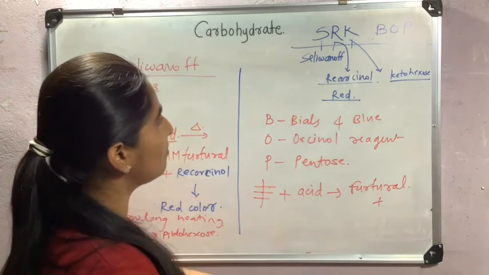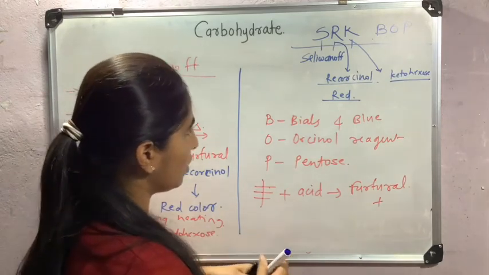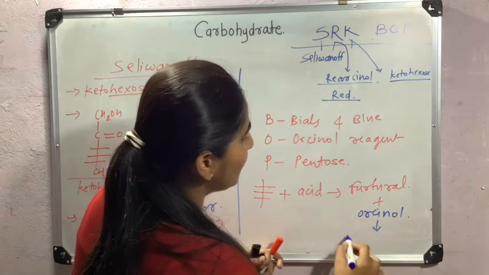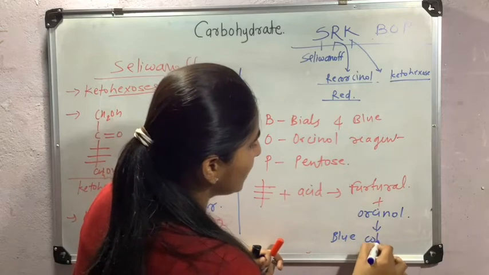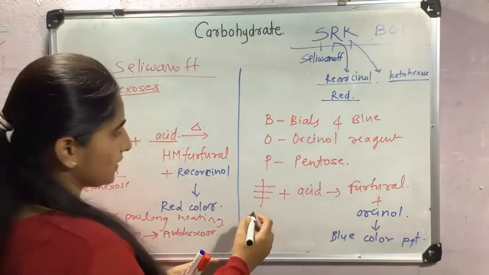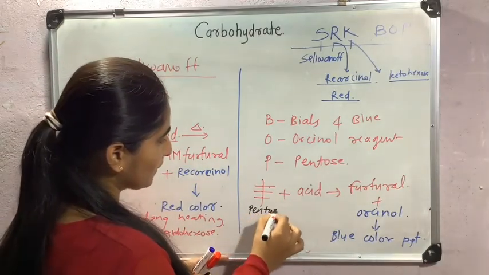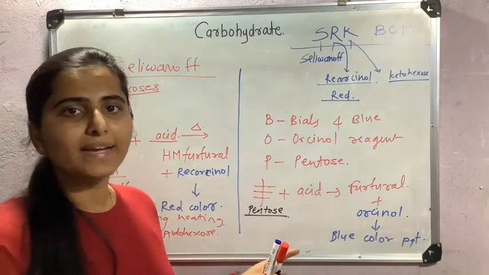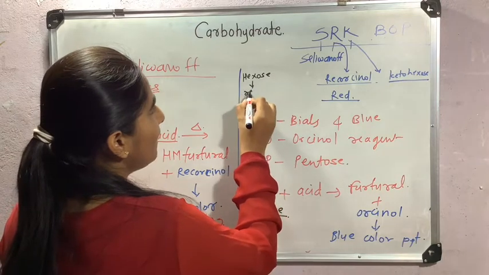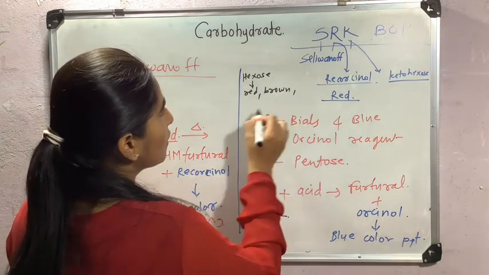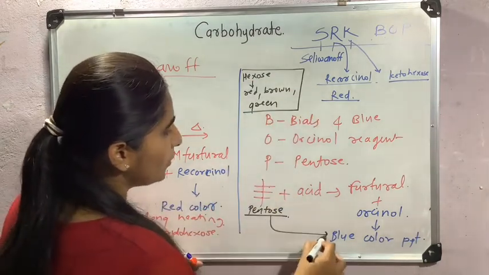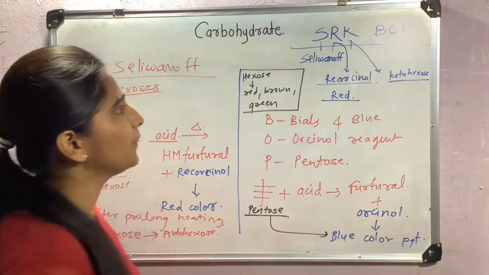And the reagent of Bial's test is orcinol, and this orcinol reacts with furfural and we will get a blue color complex, or blue color precipitate. This is pentose. The sample may contain hexose also, and hexose will give red, brown or green color. Remember, pentose will give a blue color precipitate.